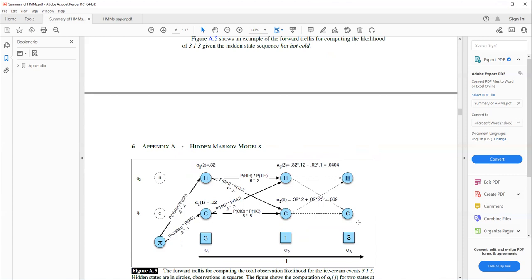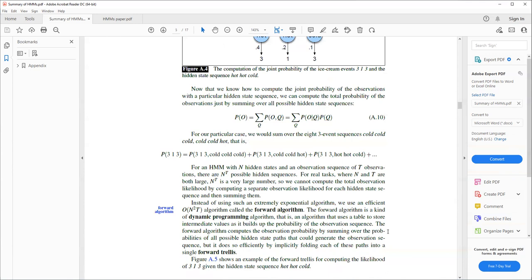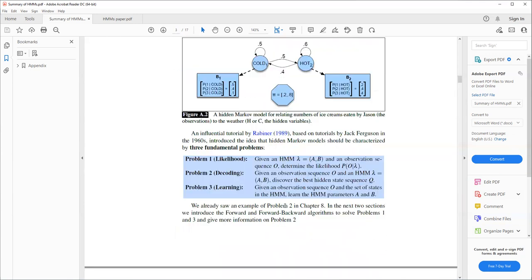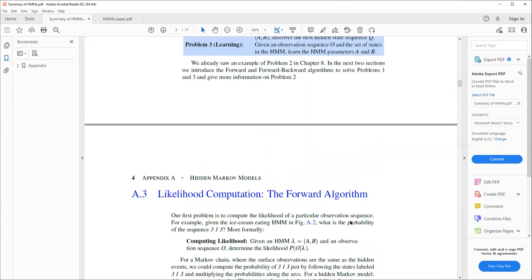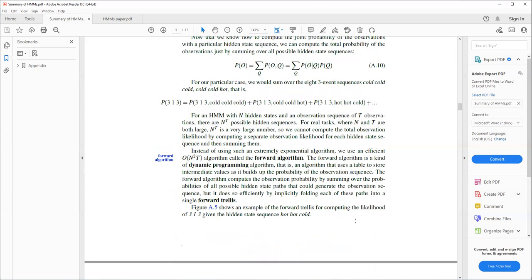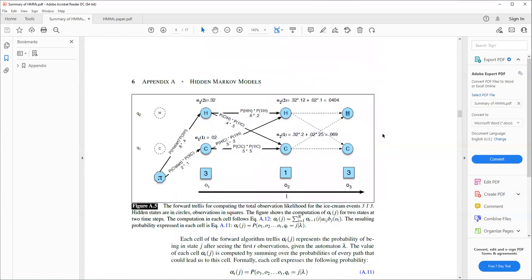You just need to sum both of them to compute the final probability that this data 313 was generated from this HMM model. That final alpha that you get at the end is the one that reflects the probability of generating data from this model.